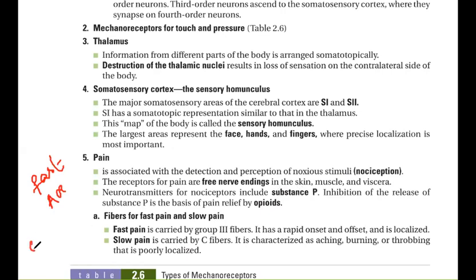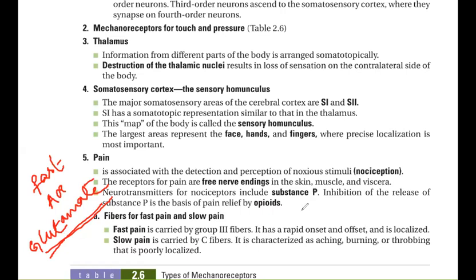For fast conduction, your neurotransmitter for pain is glutamate. You can write it down, it is not written in this book. First things first: fast conduction, A alpha fibers, neurotransmitter glutamate.